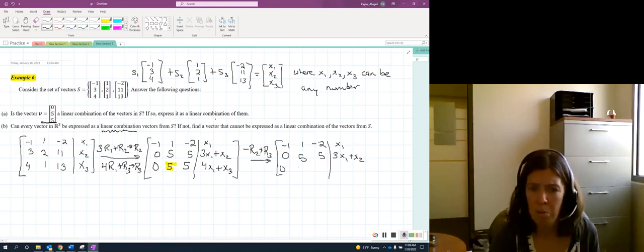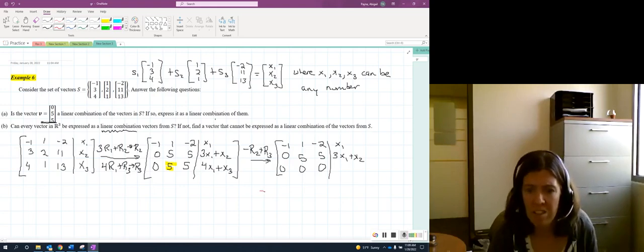That'll be 0 plus 0, -5 plus 5, -5 plus 5 again. And then, here I might want to do a little scratch work. Let's see, it's negative row 2, which has 3x1 plus x2 there, added to row 3, which is 4x1 plus x3.